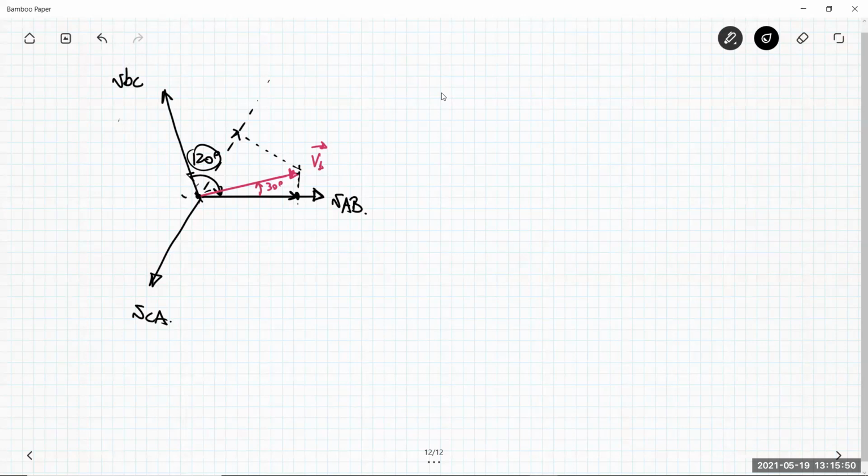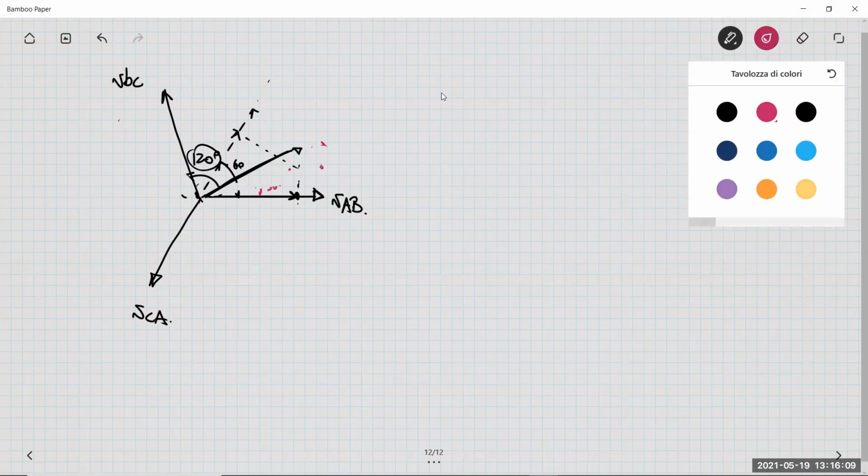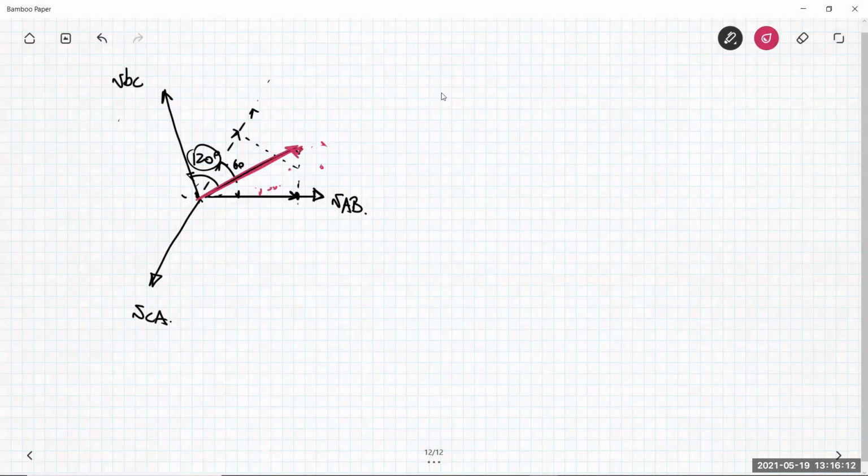And the same angle here, this is 120, so 30 is exactly in between. So let me draw something which is much closer to reality. Okay, V1 is here. This is 30 degrees. So this is the projection. Here I have another projection along this one. And this projection here along the VCA is the same as that you have onto VAB.